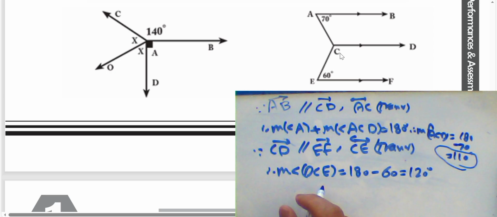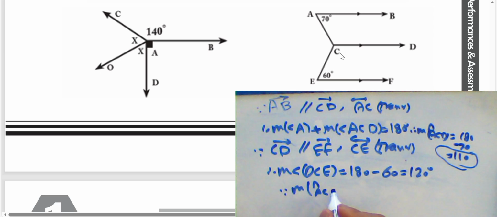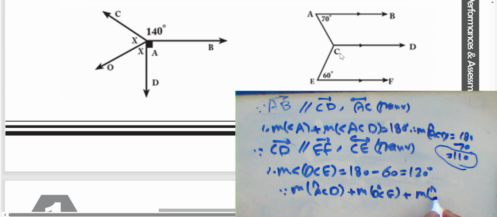The next step, we have cumulative angles such that the measure of angle ACD plus the measure of angle DCE plus the measure of angle ACE, cumulative angle, the result will be 360.